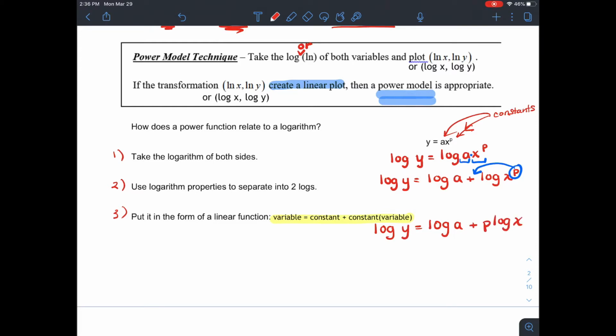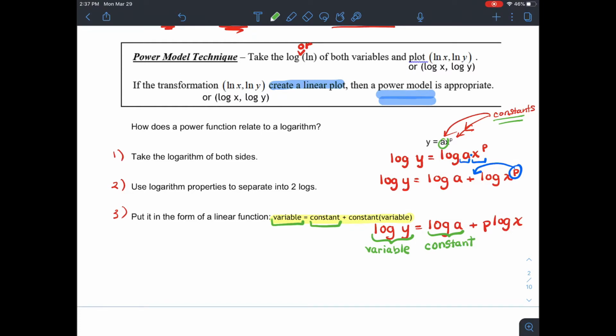Okay, so let's see if we have achieved linearity here. We're supposed to have a variable on the left side. Okay, I have a y here. That is my response variable. So log base 10 of y represents a variable. Then I'm supposed to, on the other side of the equal sign, have a constant. Now, remember, the a represents a constant. So if you had log and then you had a number there, that actually represents a constant value, okay, because a is a constant.